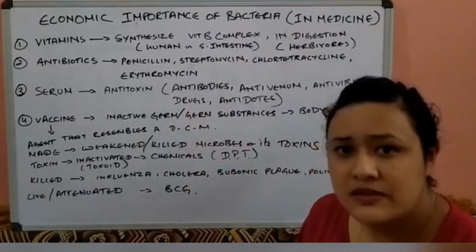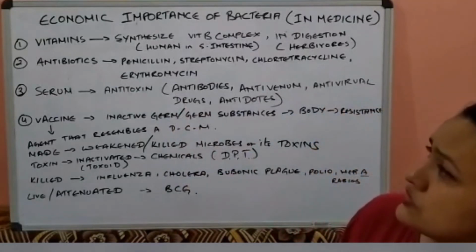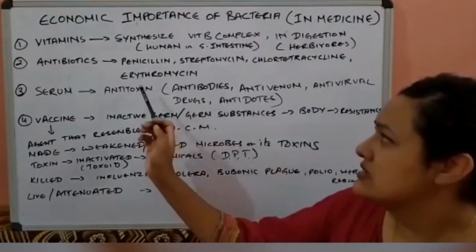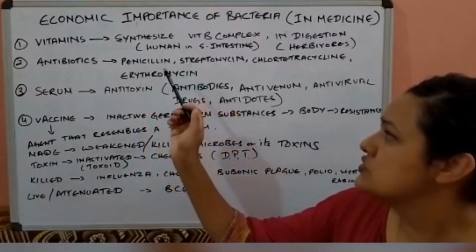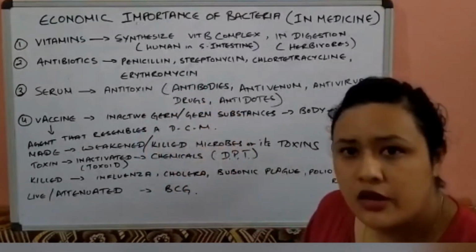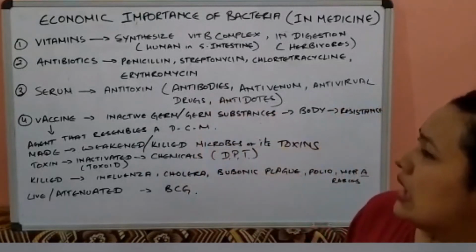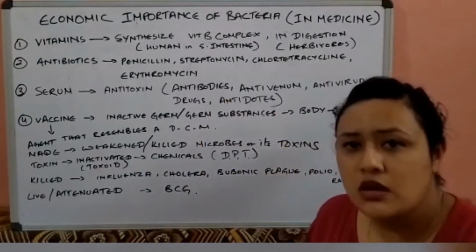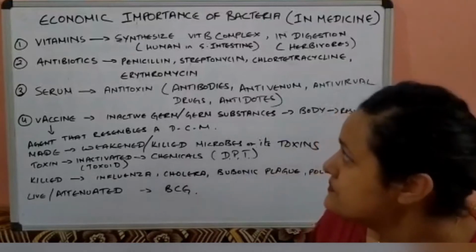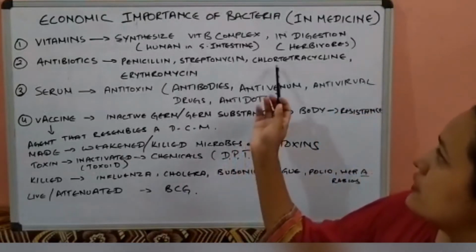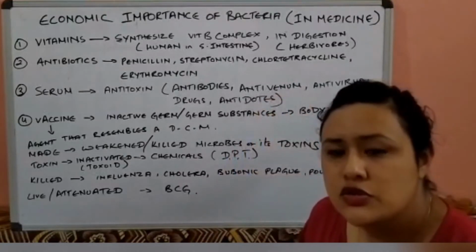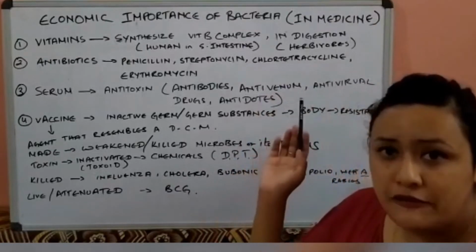The antibiotics help you to treat different diseases. Penicillin is used to treat diphtheria and tetanus. Streptomycin is used for treating tuberculosis. Chlorotetracycline is used for treating typhoid.